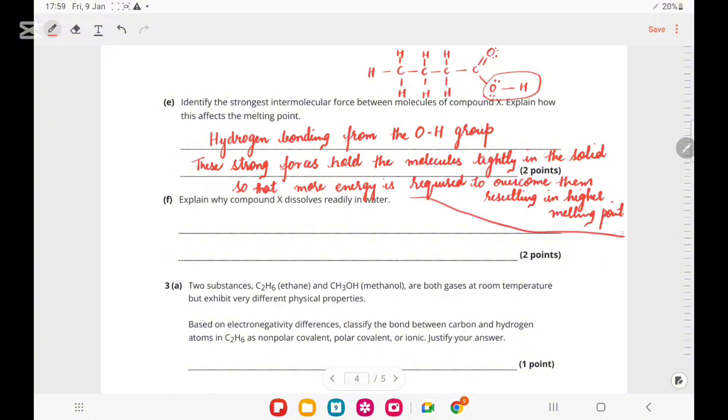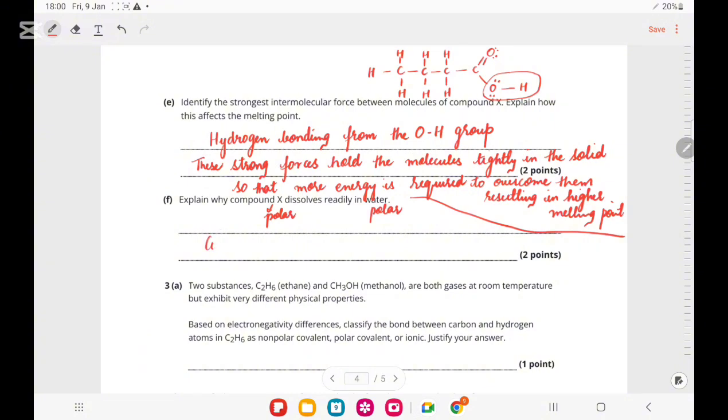Then they are asking why compound X dissolves readily in water. We have discussed that compound X is polar because of the presence of the carbon double bond with oxygen, and water is also polar. The simple rule is like dissolves in like.